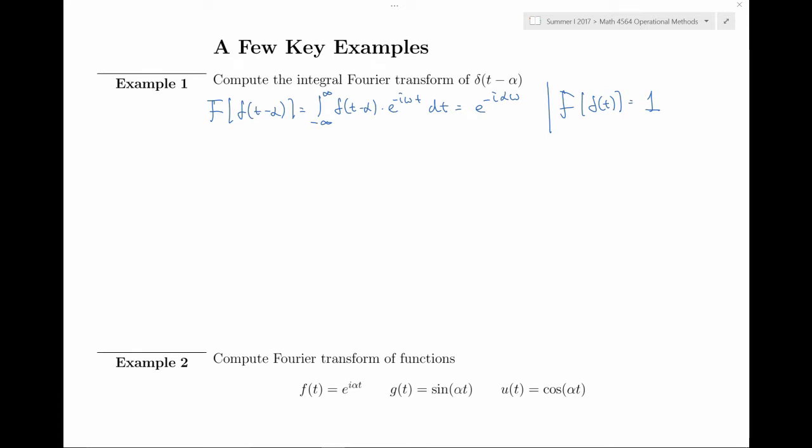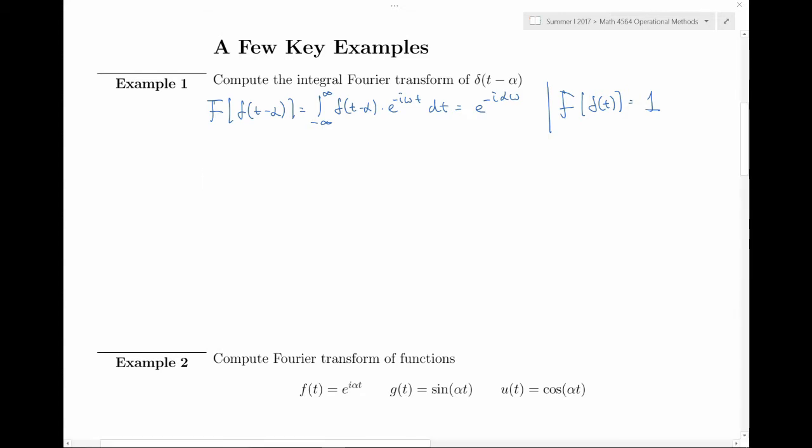Neither the delta function nor the function 1 are members of L2, but this example of Fourier transform has a physical meaning. It looks like the delta function has all of the frequencies present in it, and all of the frequencies have the same magnitude.